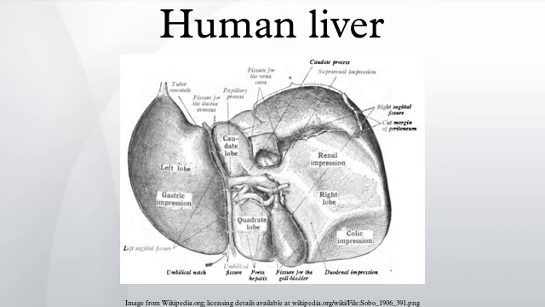Liver transplantation. Human liver transplants were first performed by Thomas Starzl in the United States and Roy Calne in Cambridge, England in 1963 and 1965, respectively. Liver transplantation is the only option for those with irreversible liver failure.